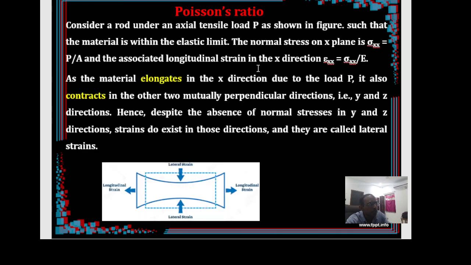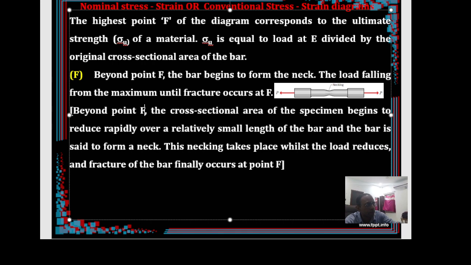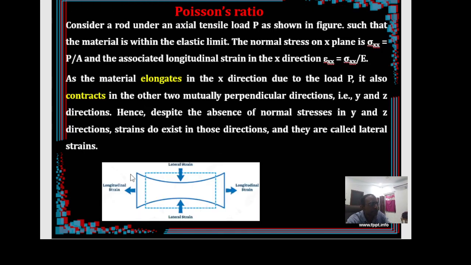Okay, and the final point, the failure point, is, in our case, the failure point is G, right?